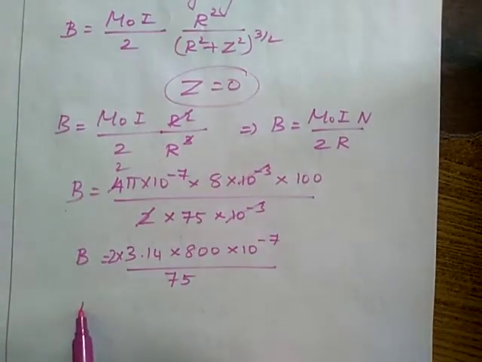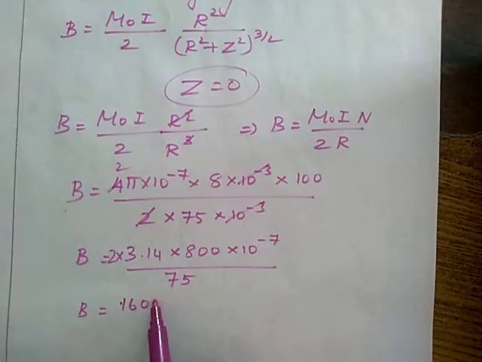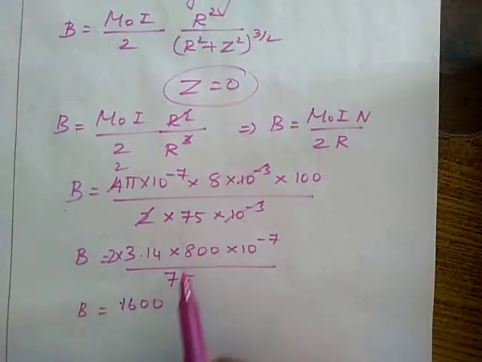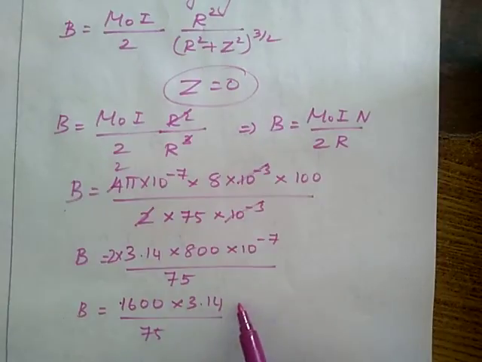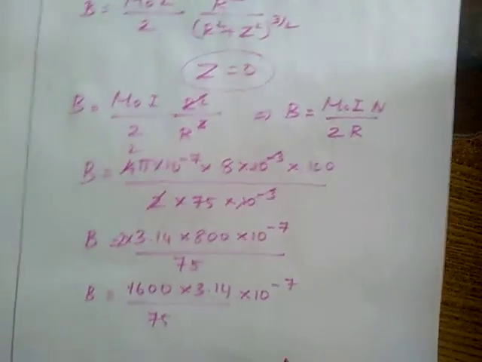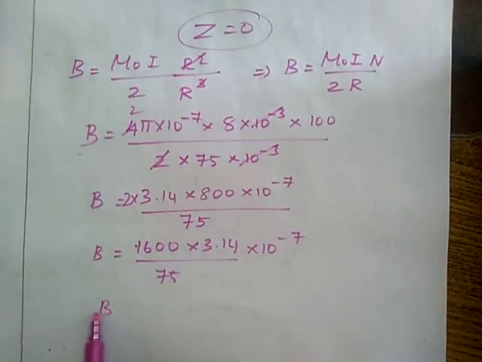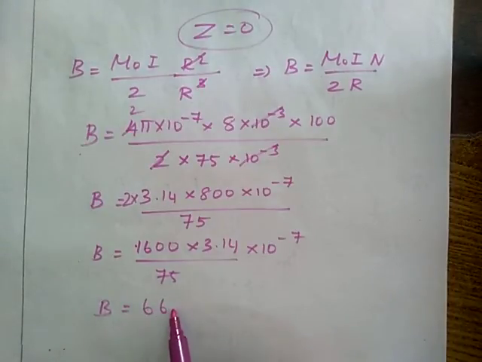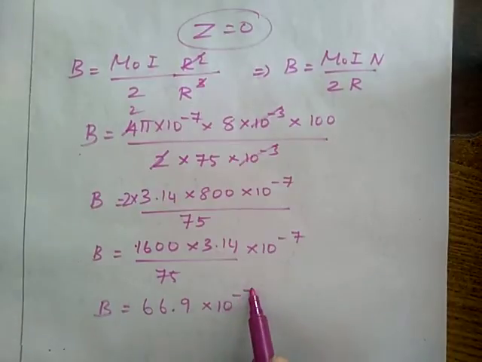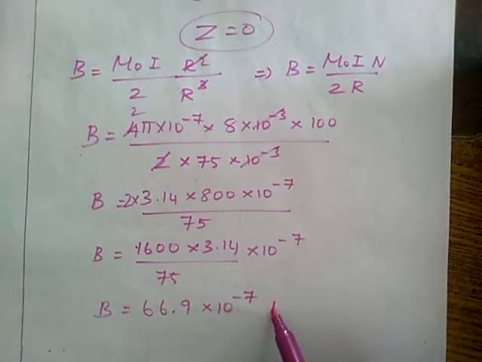After solving this, B is equal to 1600 multiplying 2 into 800 into 3.14 divided by 75 into 10 power minus 7. Then again solve this. Then B is equal to 66.9 into 10 power of minus 7 Tesla.